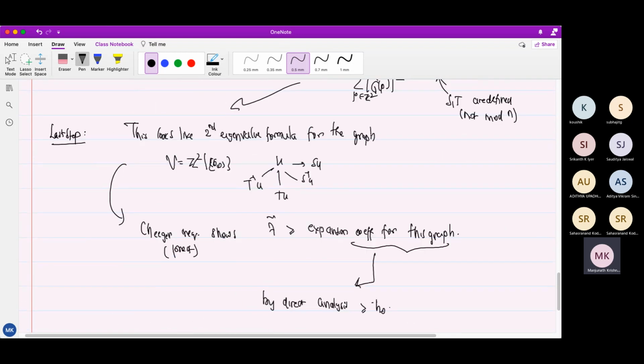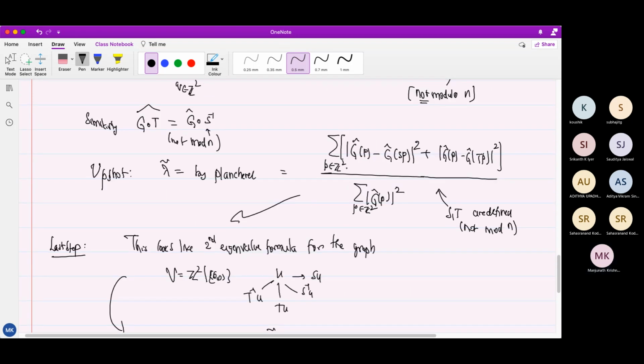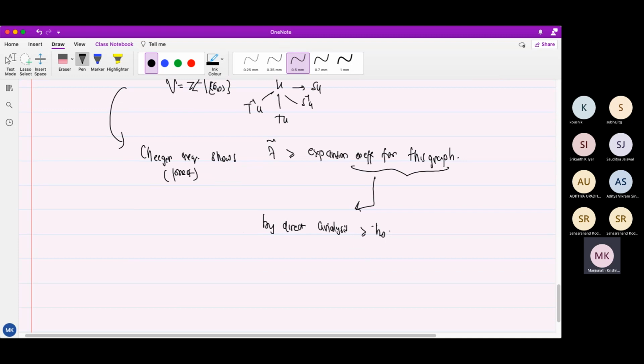Now you have an explicit graph on Z2, where you can analyze directly what the expansion coefficient is, how many things get connected, etc. I will maybe just refer you to Tao's notes, and you can show it is bounded below. Okay, I will just stop here.